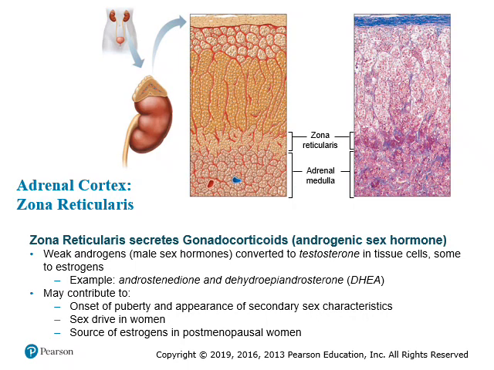The only source of stimulus of the sex drive in women after menopause is the secretion of the zona reticularis androgenic hormone. And it is also the source of estrogen in postmenopausal women because this androgenic hormone can be converted into estrogen.